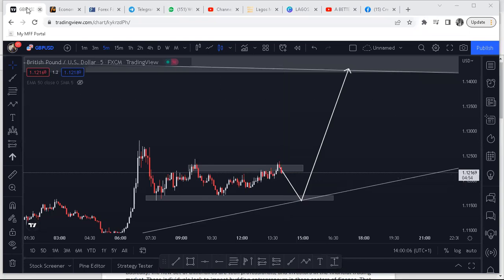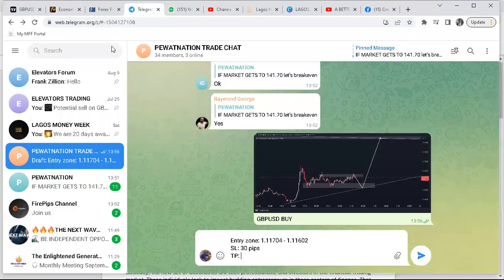Our TP is about 270 pips. So calculate 270 to your entry. TP 270 pips. 200 pips will be 1.137. 250 pips will be 1.142. 270 pips will be 1.144 now.